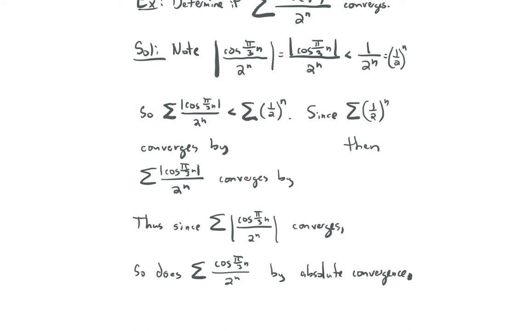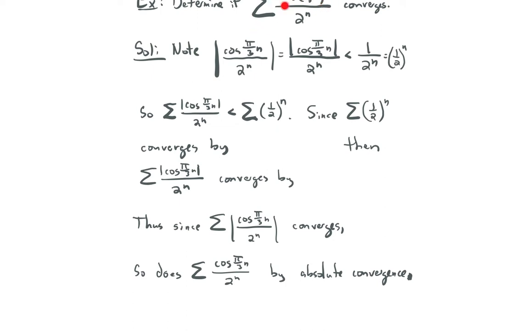However, cos of pi over 3 to the n is kind of hard to get a handle on these exact values here. You probably could, since cosine is periodic, but we don't want to do something like that. But this is where the ideas that we talked about on the last slide come in.